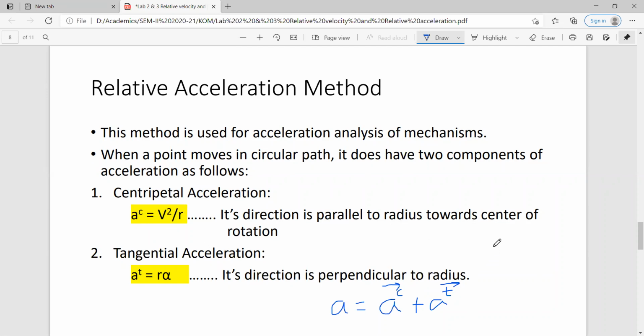Okay, so for example, a particle is moving like this in this circular path. What will be the direction of centripetal acceleration? Say here is the center of this curvature, and say your particle is here.